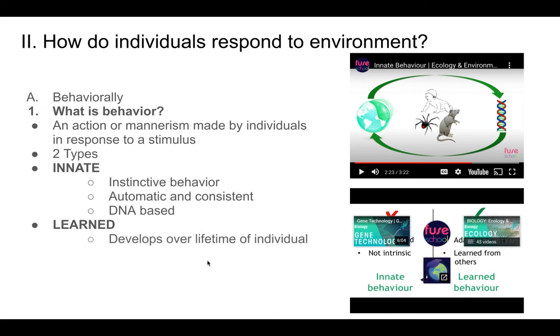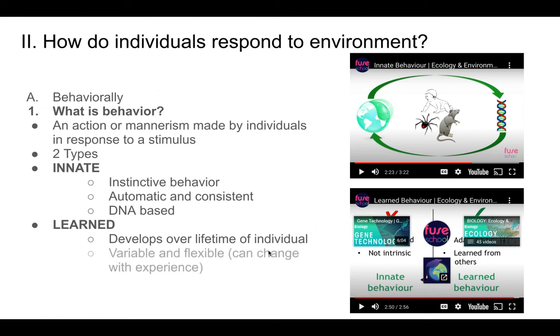Okay, so, let's pause that. So we saw learned behavior can develop over a lifetime of an individual. It can change based on experiences. It's variable, it's flexible. It is not something that we are born with. It is not connected to our DNA. And we can learn it.